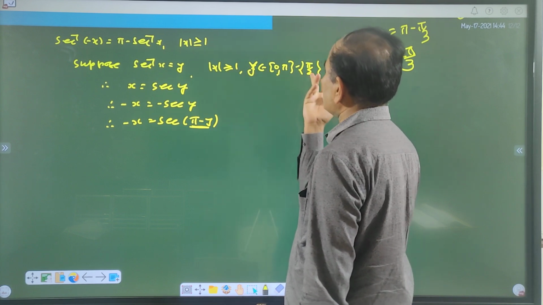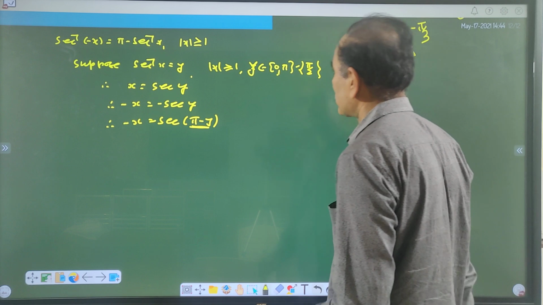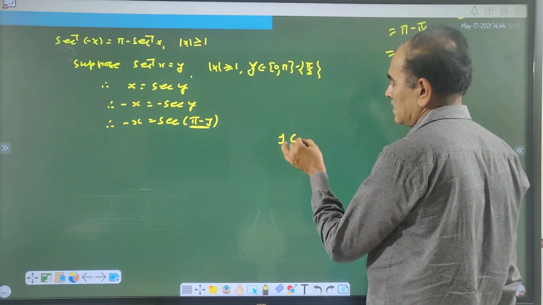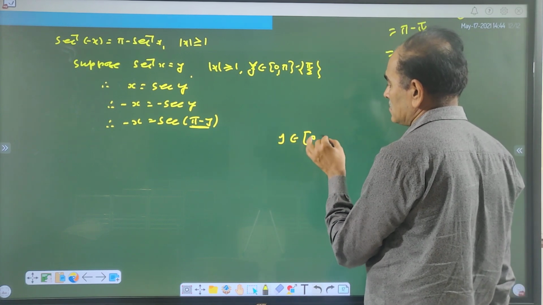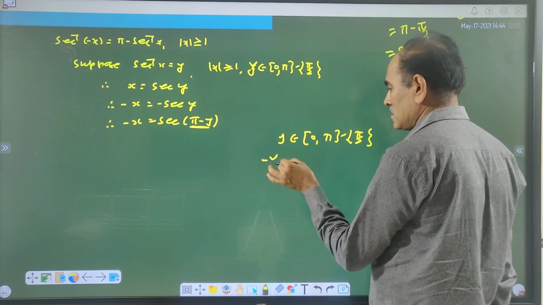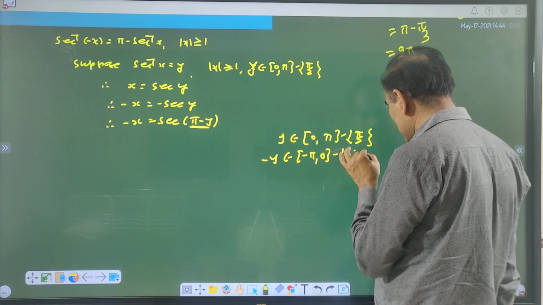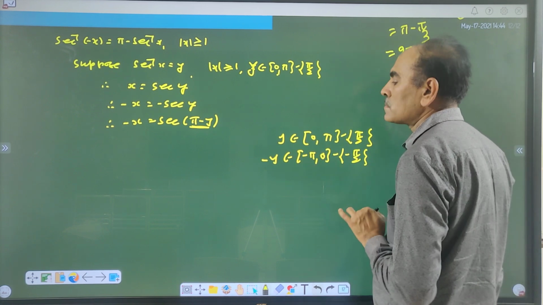So pi minus y also belongs to that. Why? Because y belongs to 0 to pi except pi by 2, so minus y belongs to minus pi to 0 except minus pi by 2.